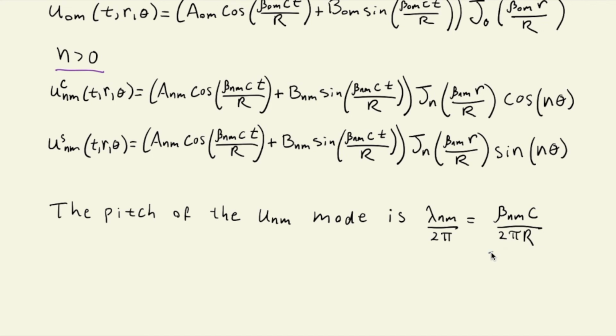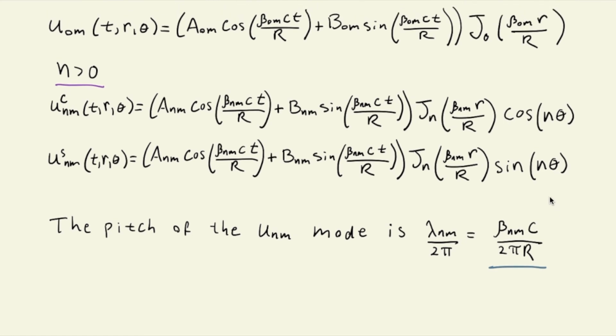So this is the frequency of the sounds that this drum will make, right? So it's kind of interesting because the frequency of the sounds is related to these zeros of the Bessel functions. So drums produce very interesting sounds.